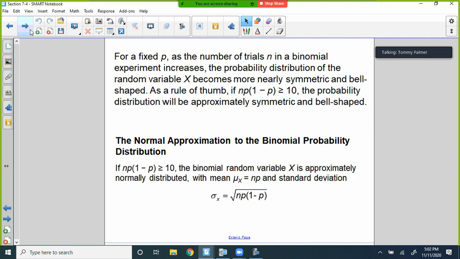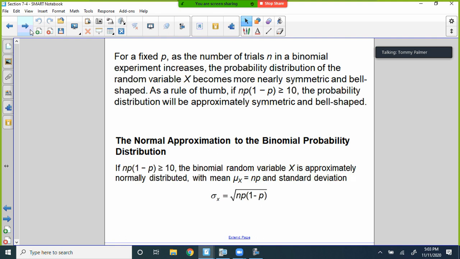All right, for a fixed P, as the number of trials in a binomial experiment increases, the probability distribution of the random variable X becomes nearly symmetric or bell-shaped. And we talked about that. You increase the sample size, the shape itself becomes more bell-shaped, no matter if it's skewed left or skewed right. We saw those types of graphs in chapter 6.